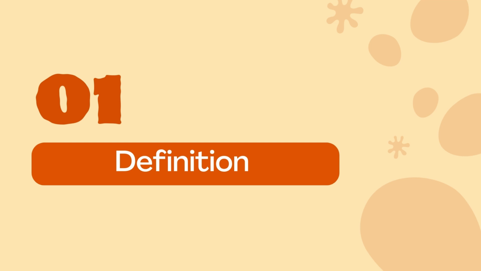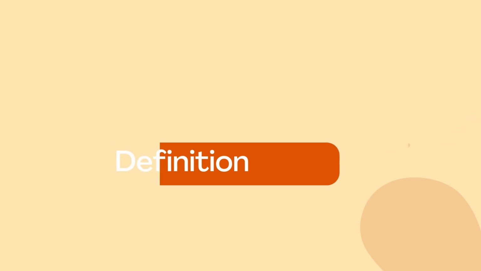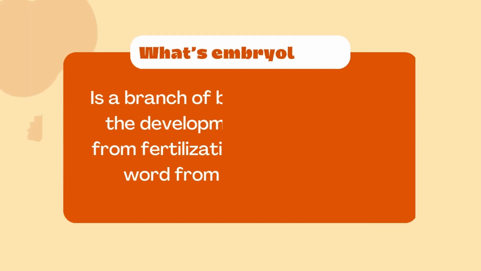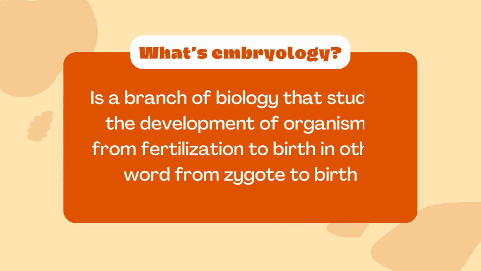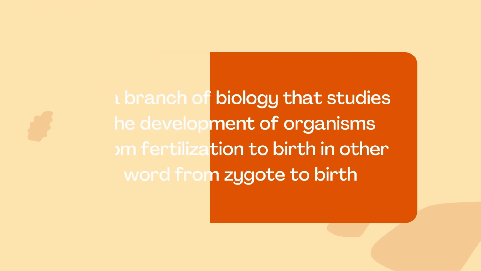It encompasses the process of growth and differentiation that lead to the formation of an embryo, where human embryology is the science concerned with the origin and development of human being. In other words, from zygote to birth. Development does not stop at birth, of course. Important change in addition to growth occur after birth, the postnatal change.